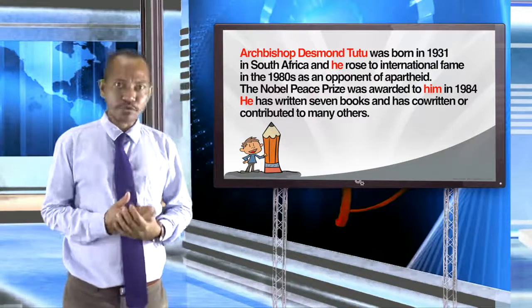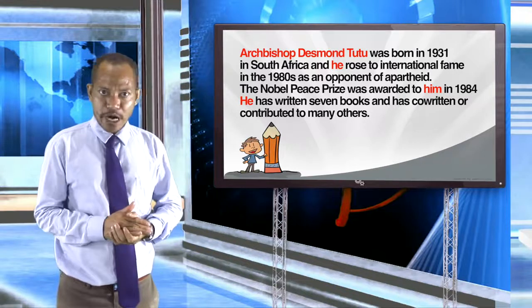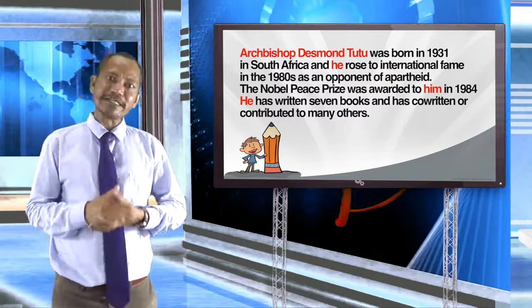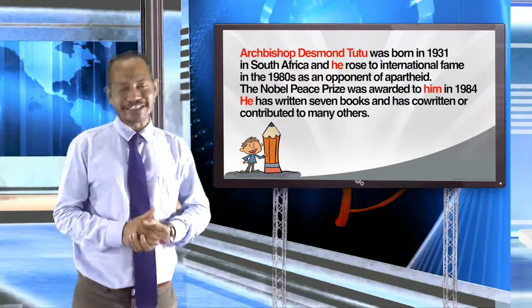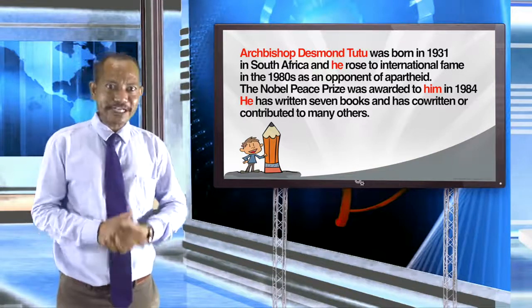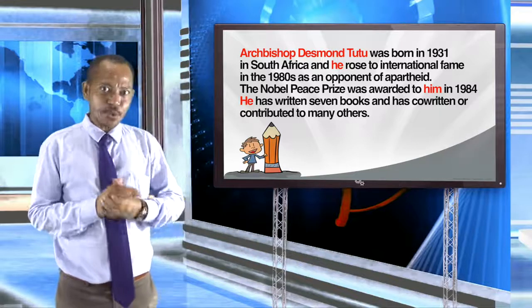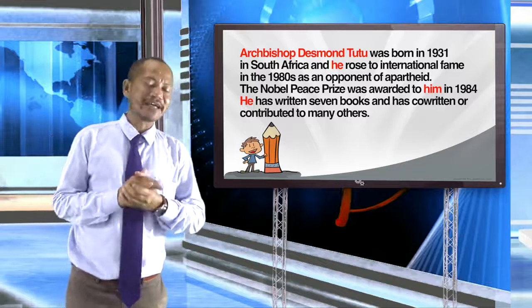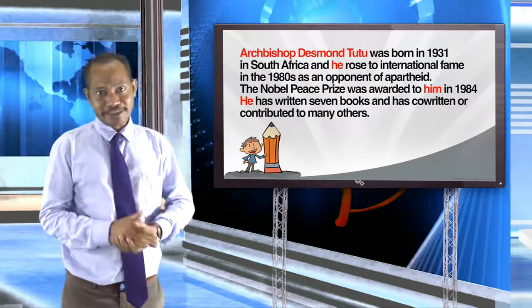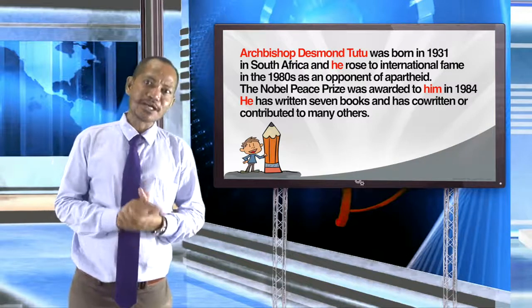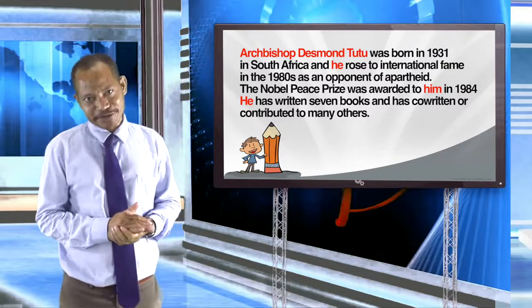Archbishop Desmond Tutu was born in 1931 in South Africa, and he rose to international fame in the 1980s as an opponent of apartheid. The Nobel Peace Prize was awarded to him in 1984. He has written 7 books and has co-written or contributed to many others.